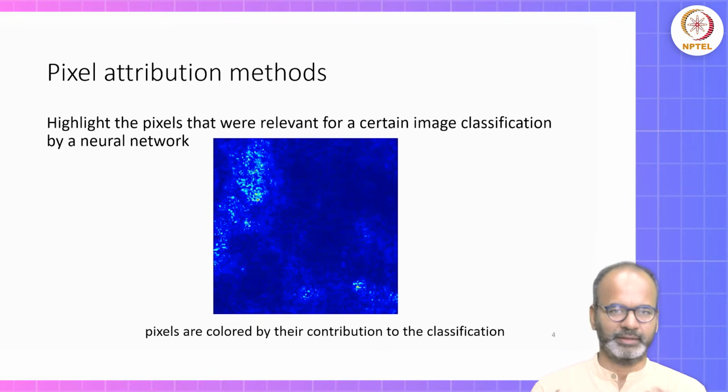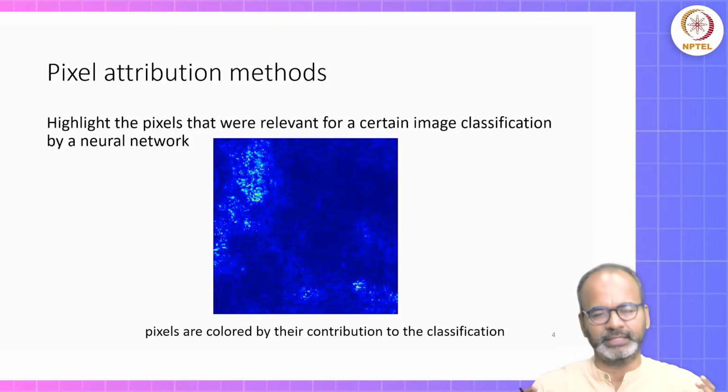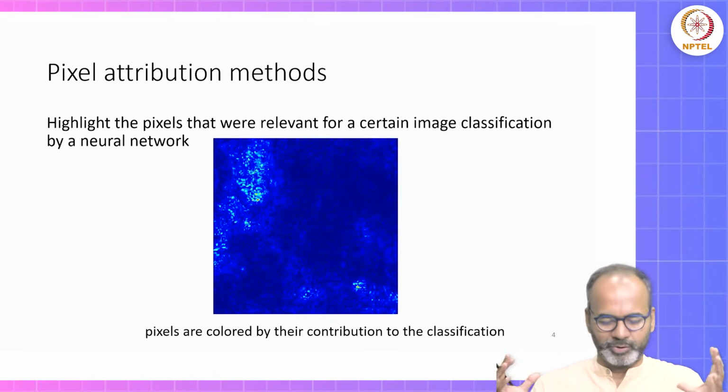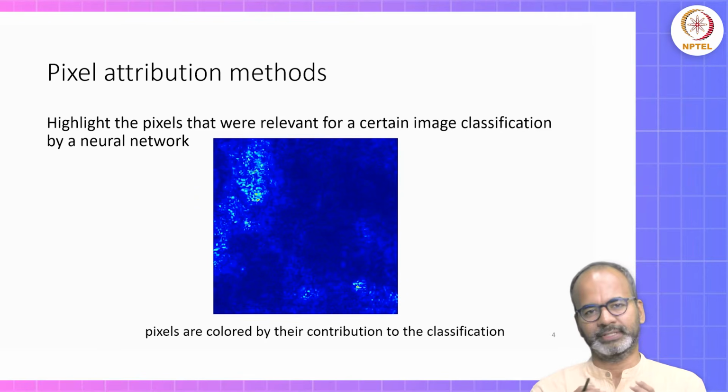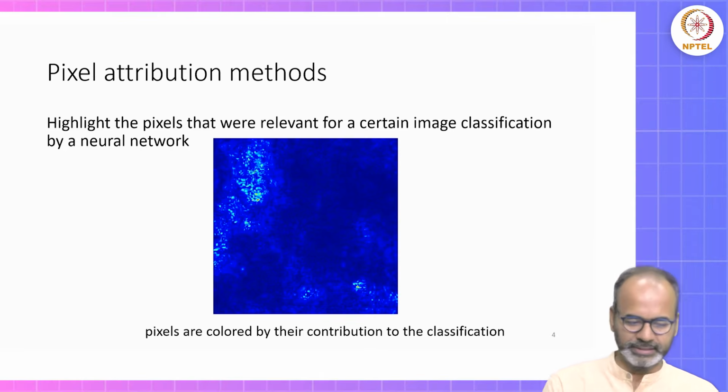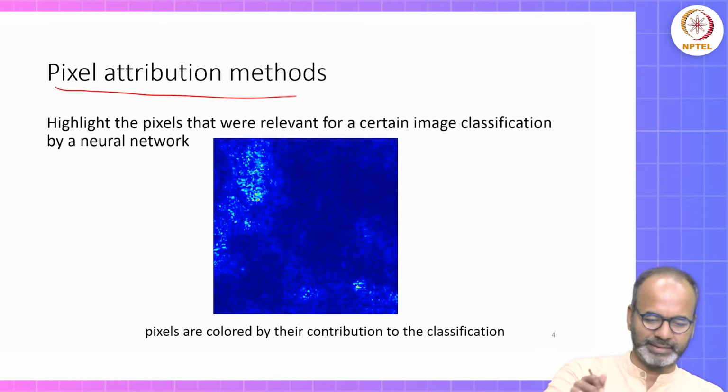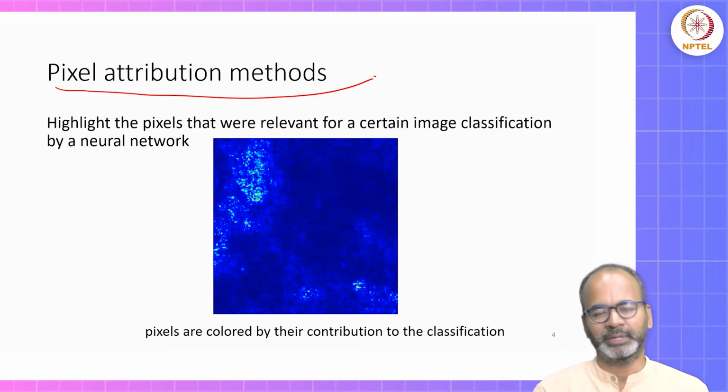There are many methods that people have devised, and lots of details around transparency itself, but I'm going to condense and walk you through some popular, basic ideas. One of the ideas is called pixel attribution methods. Particularly, these are for images.